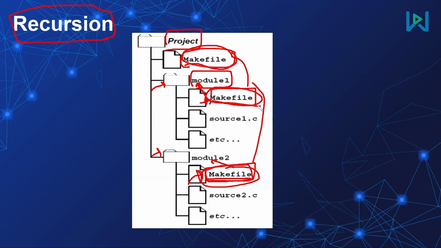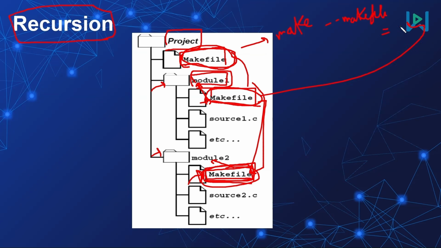However, we can automate the triggering of the execution of those 2 Makefiles by creating a top-level Makefile, and this one will first invoke the make command for module number 1. So we'll need to specify that the Makefile to be parsed and executed will be the Makefile of module number 1.